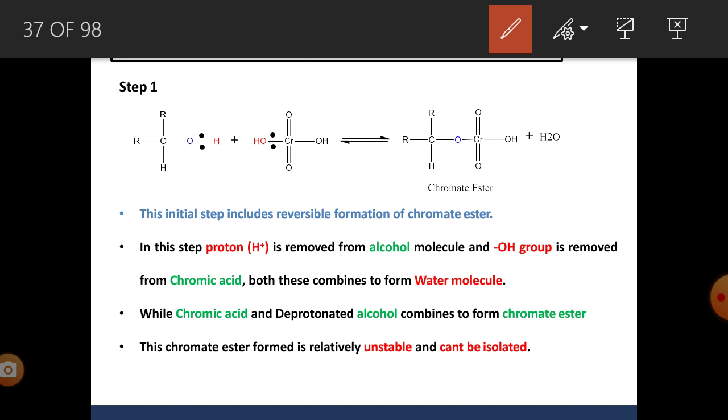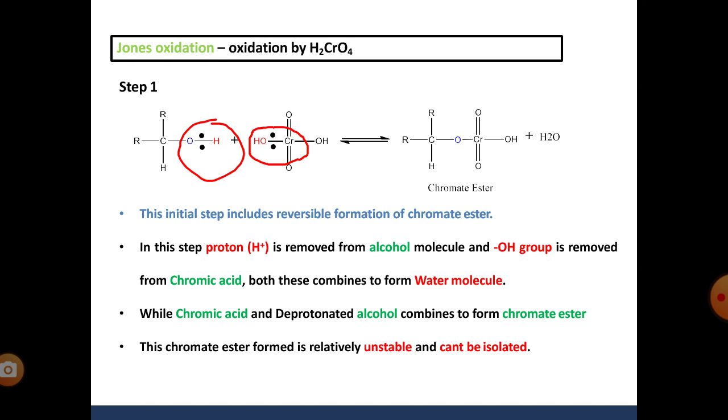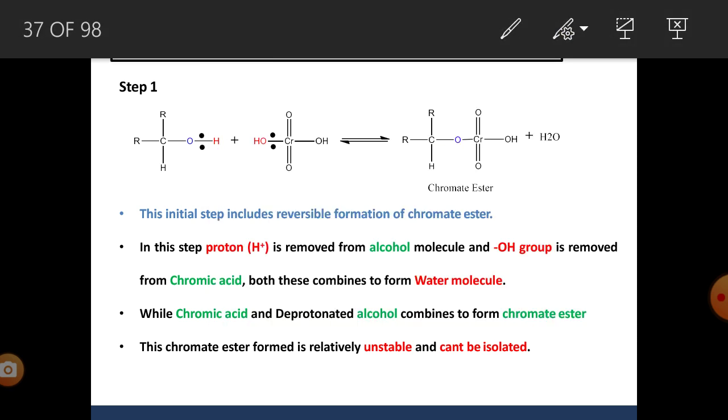First there is a bond break between this oxygen and hydrogen. From the second starting material, chromic acid, there is again a bond break. The first bond breaks in such a way that this oxygen takes both covalent electrons, while the Cr-O bond breaks and OH minus is released.